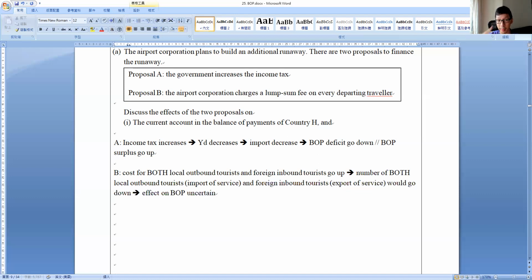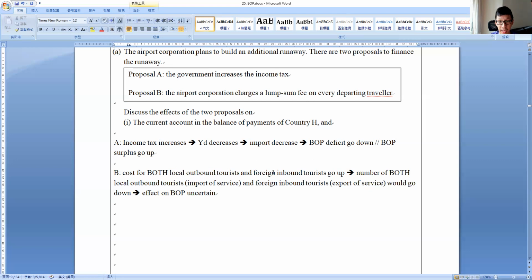Like嚟多次得唔得？ This lump sum fee is effective on everyone, including country H own people. If they want to go out for tourism, they pay money. 係咪個 cost 高咗啊？So the number of local outbound tourists 係咪 country H going out would go down.